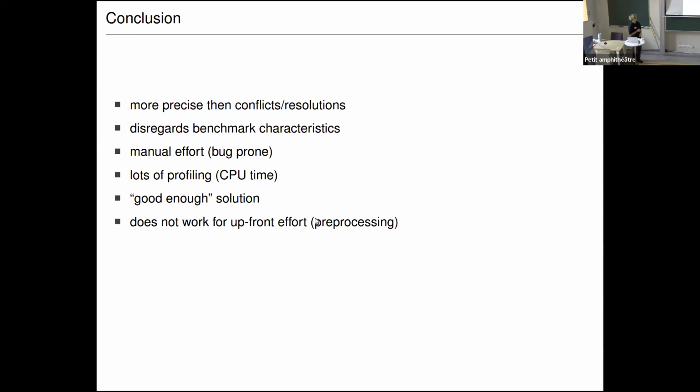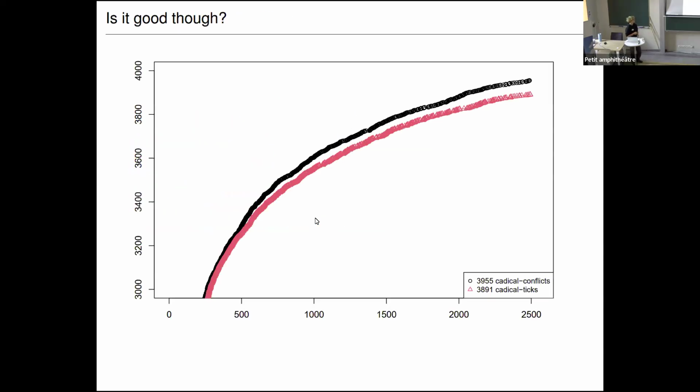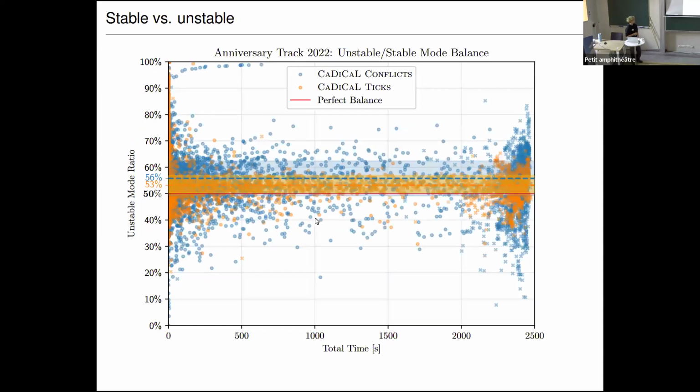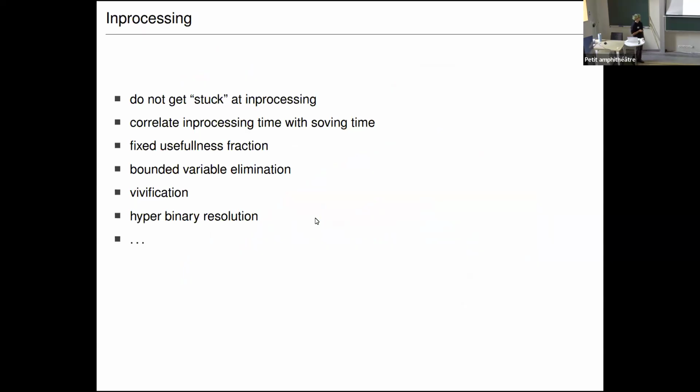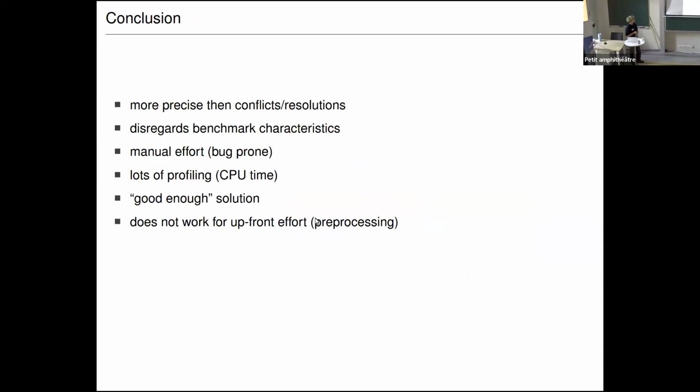Then the big negative is that it's a lot of manual effort. It takes lots of CPU time, but it gives a kind of good enough solution. So we're really able to get rid of all of these outliers in this plot. We're not getting stuck at stuff anymore, and we're also able to decrease the spread. So it kind of works.